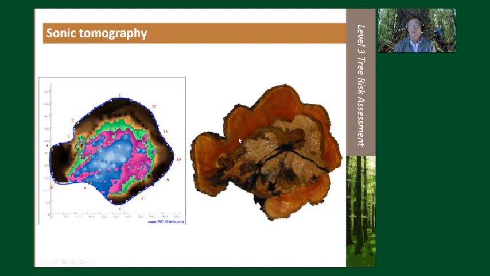In this case, if you look at the actual tree on the right here, you can see that there's some cracks in there. There's advanced decay, there's some early decay, but sound isn't traveling very well in there. And what we do know, as I mentioned before, is that there is a ring of solid wood around whatever is causing the sound to move slowly in the middle.